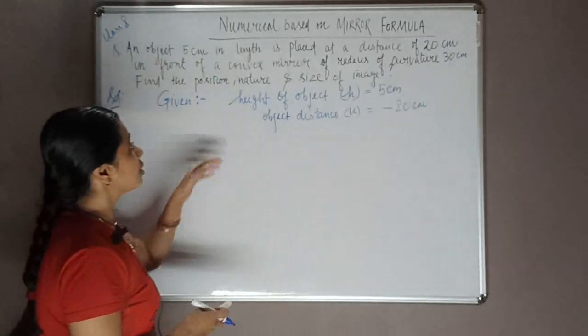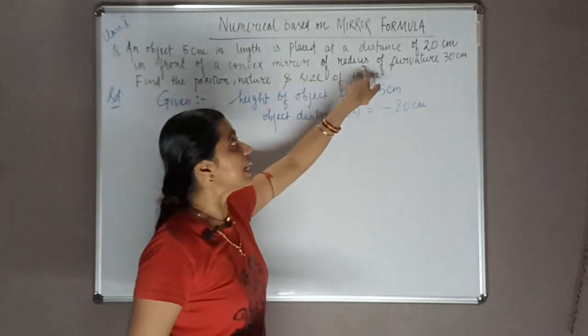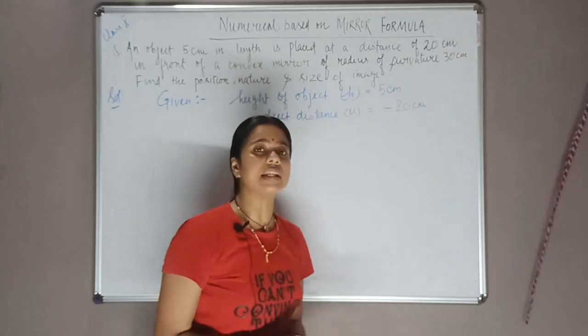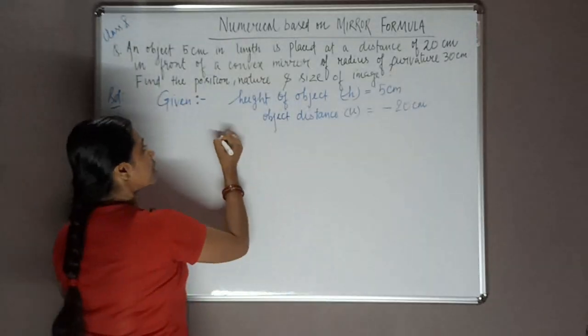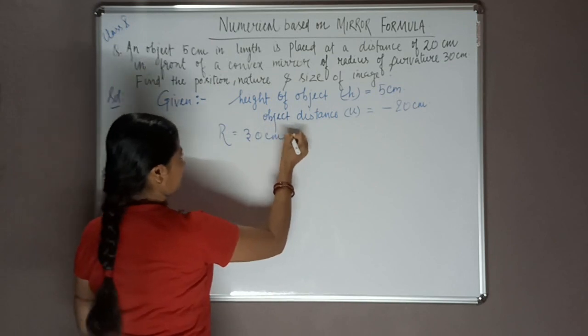Now proceeding further, in front of a convex mirror of radius of curvature 30 centimeter, means R is equal to 30 centimeter.